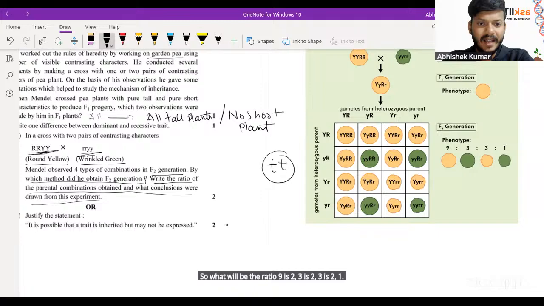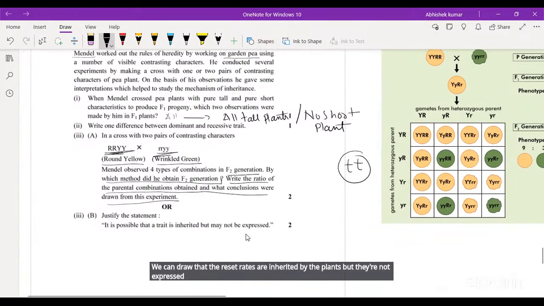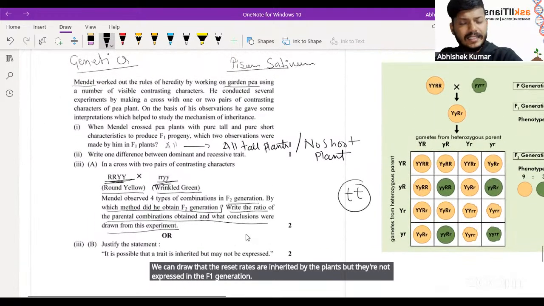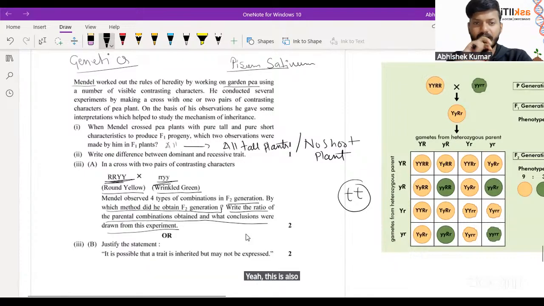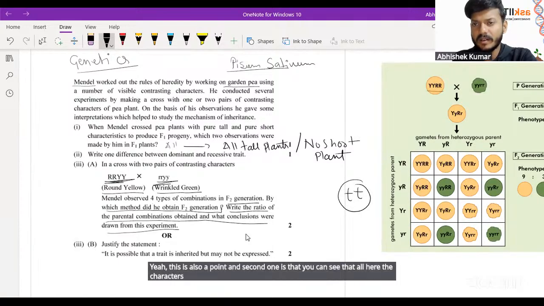And at last it is written, what conclusion was drawn from this experiment? We can draw that the recessive traits are inherited by the plants, but they are not expressed in the F1 generation. Yeah, this is also a point. And the second one is that you can see the characters yellow and round, and here wrinkled and green, they are mixing randomly.